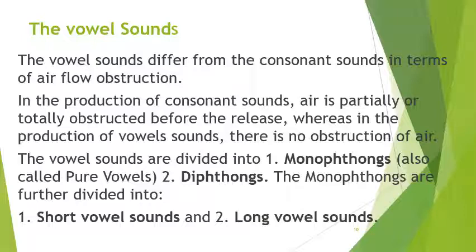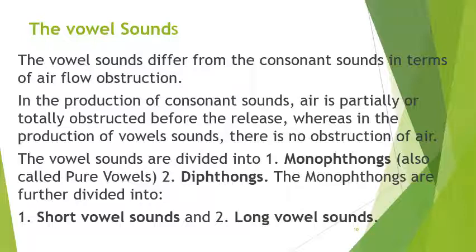Here on these slides we have vowel sounds, which is also one of the sounds we have in English. The vowel sounds differ from consonant sounds in terms of air flow obstruction. Remember, the main difference between consonants and vowels is air obstruction.